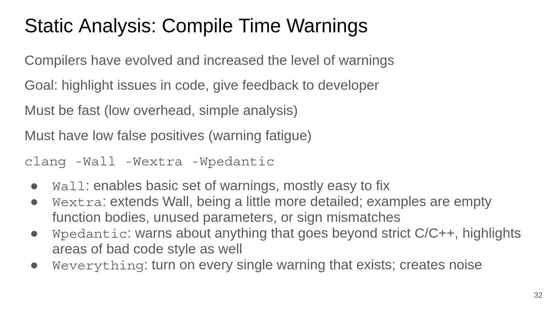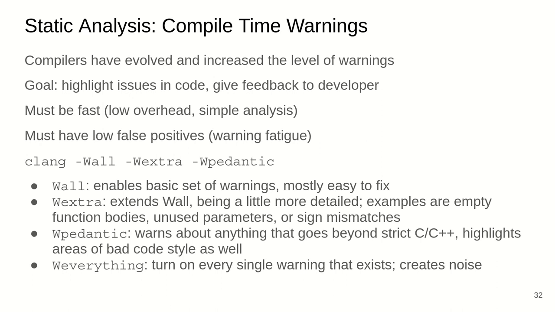In its simplest form, the compile time warnings simply give you information about the code and potential issues of the code. With compiler warnings, the goal is to highlight issues in the code and to give feedback to the developer. It must be fast, low overhead, must be simple, and very, very low false positive rate to limit warning fatigue.